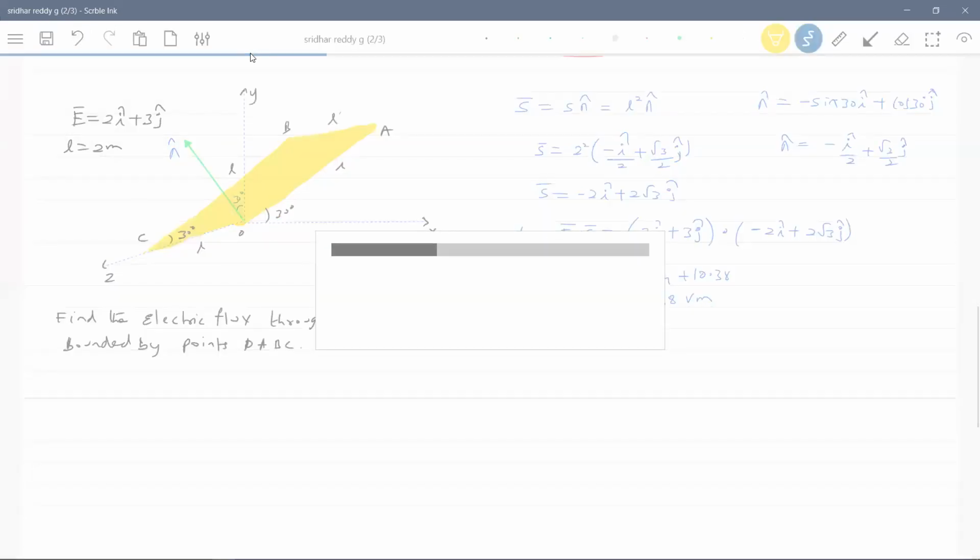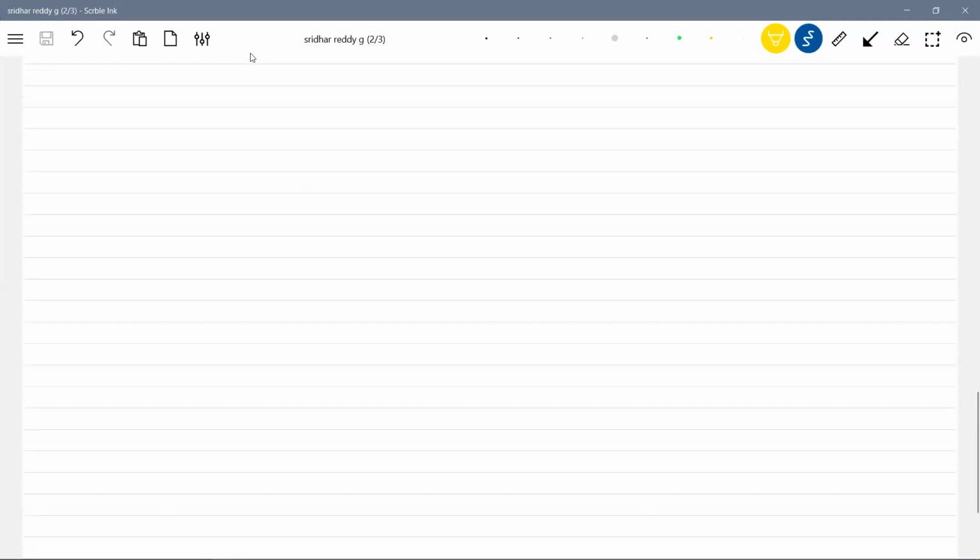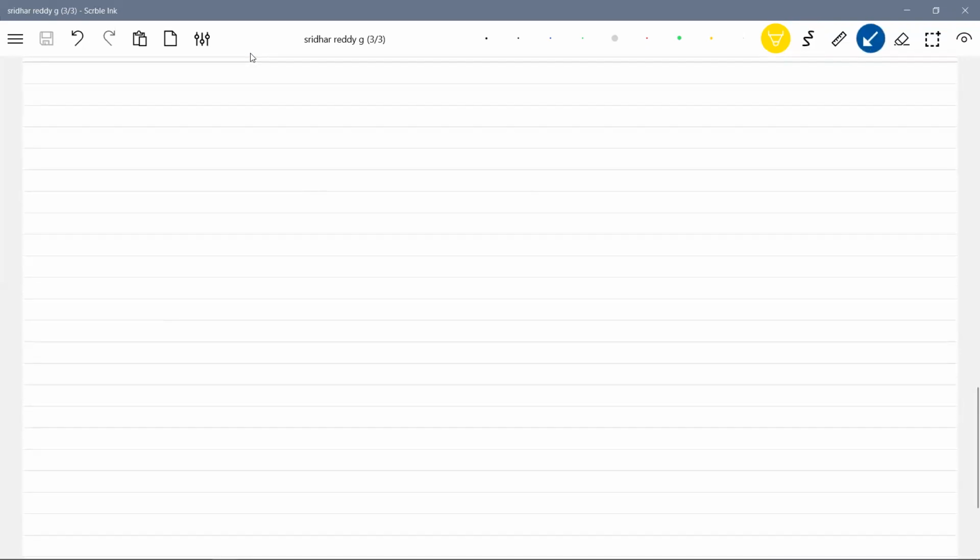Okay, let's take another one. Okay, this is a surface where the electric field strength is radially out.